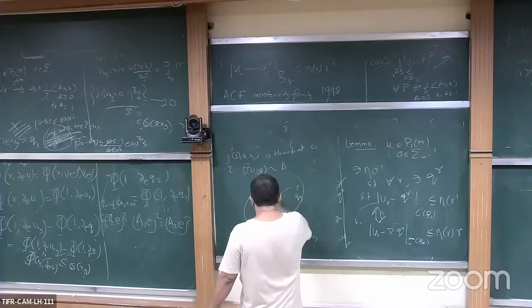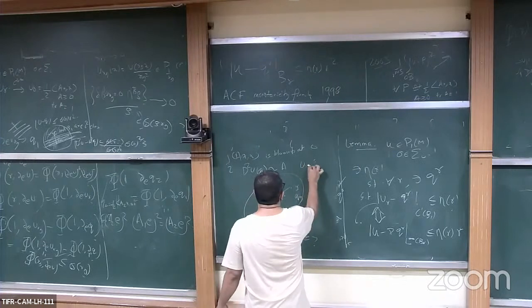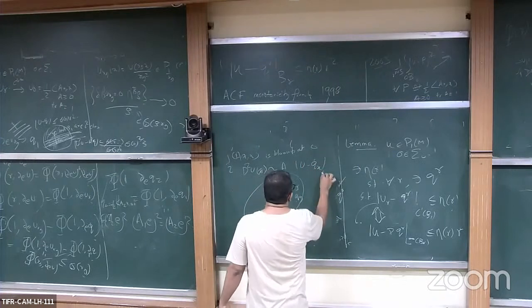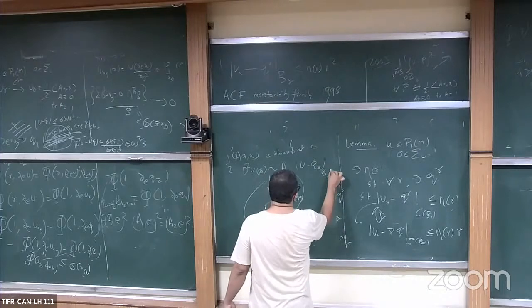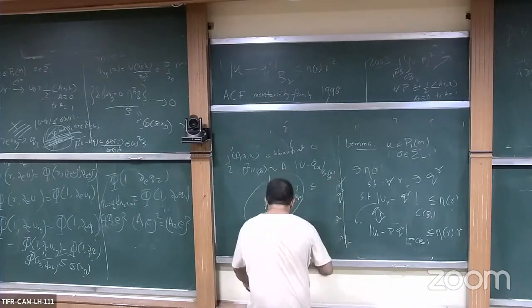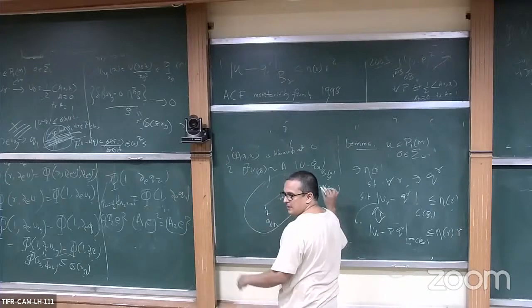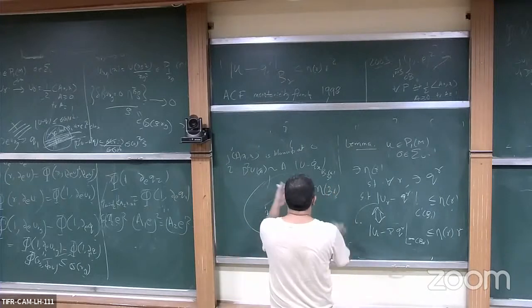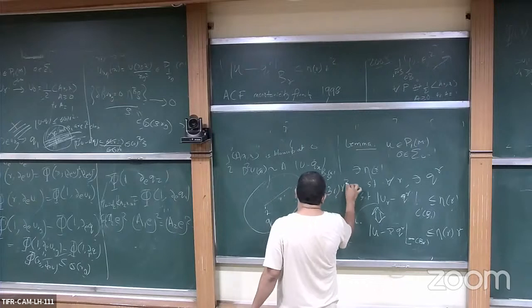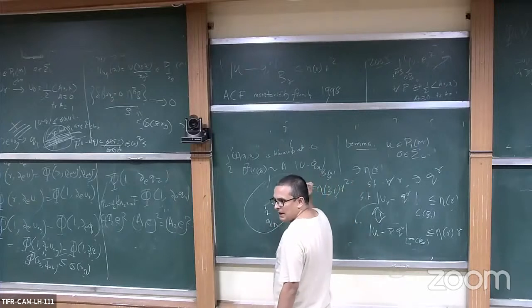Here I will know that in this larger 3r ball, u minus qx in the larger ball B3r of x has to be less than or equal to eta 3r times r square. Agreed?